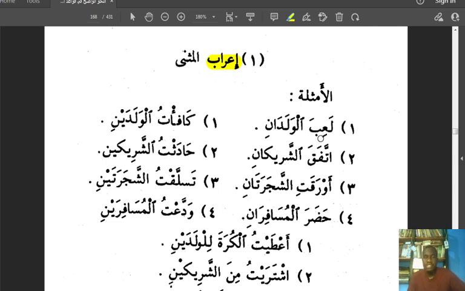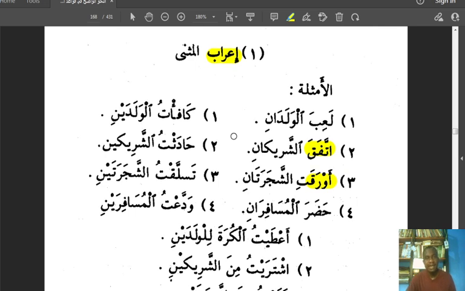So it says al-amthila: لعب الولدان. The focus is on the waladani. لعب الولدان, the two boys played. اتفق الشريكان, the partners agreed. اتفق, they agreed. الشريك is a partner. الشريكان, the two partners agreed. أورقت الشجرتان. أورق means it has borne leaves.